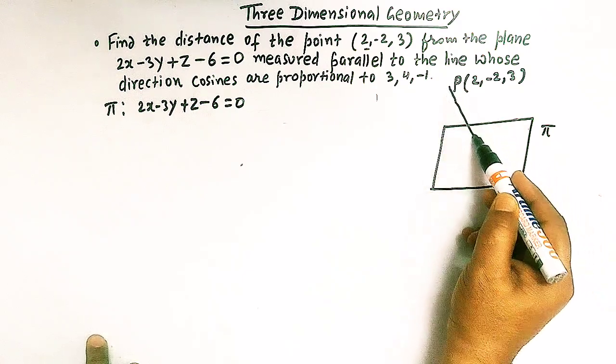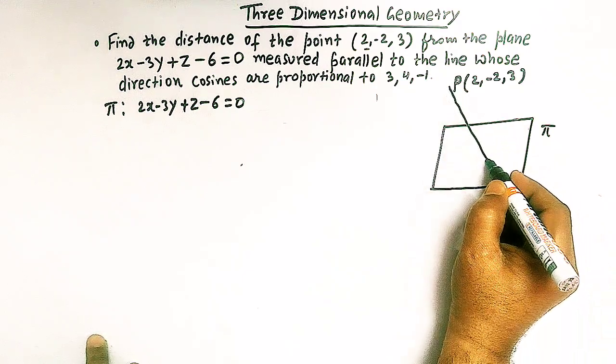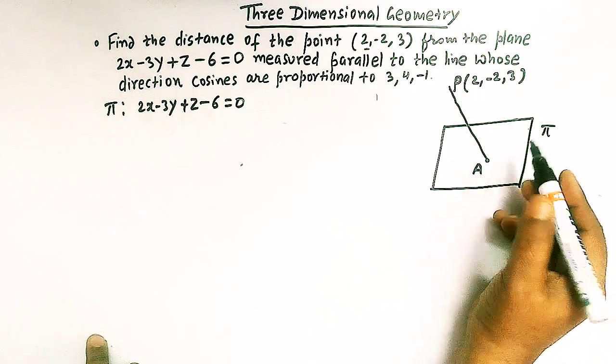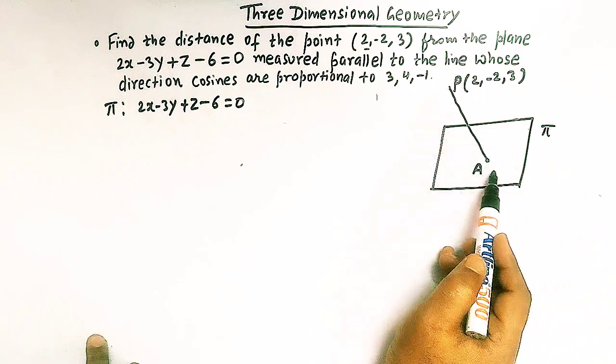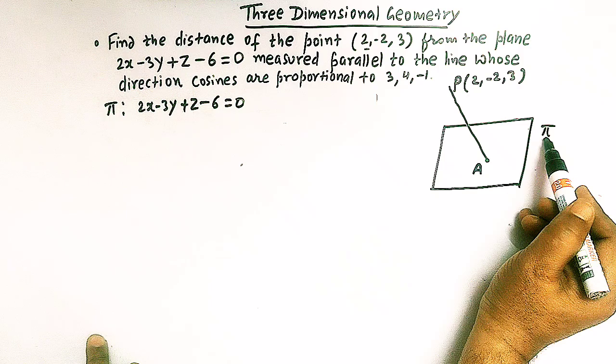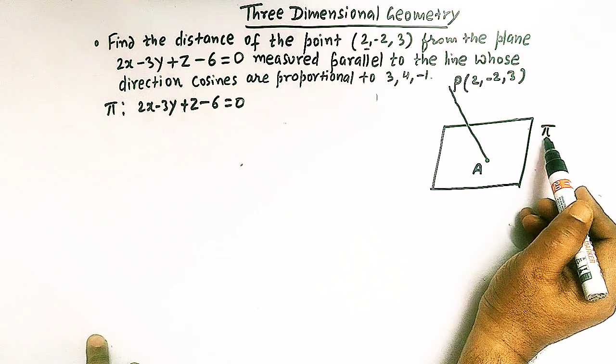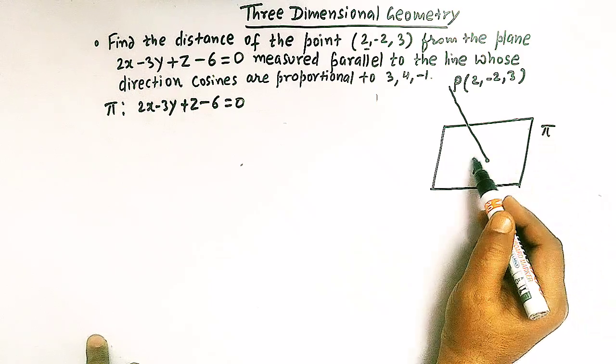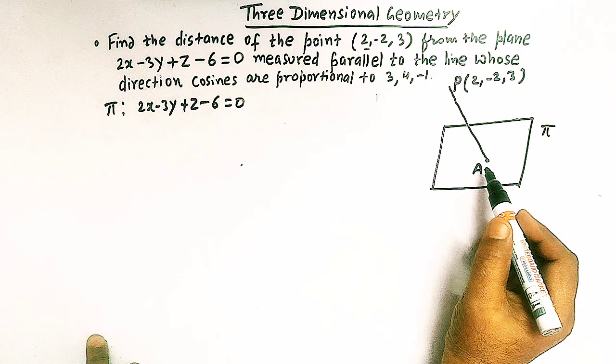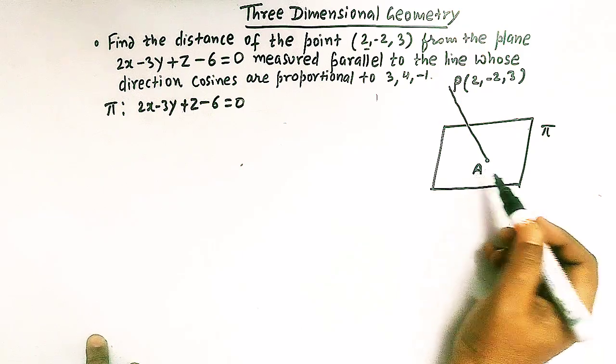Suppose this is the distance, and this point A is the point of intersection of this line PA with this plane pi, right? Later on we'll find the coordinates of this point A.